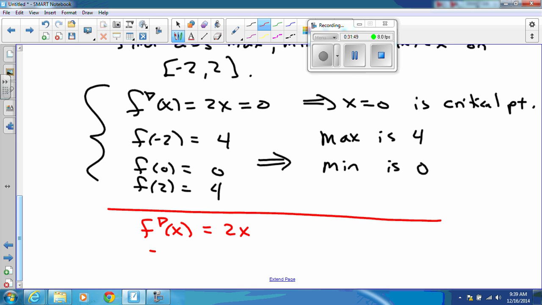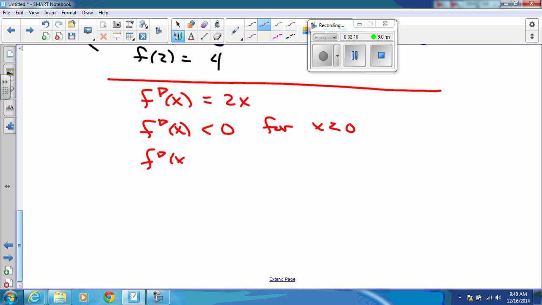So then what you get is that f prime of x, that's why we call it an argument from the sign of f prime, is less than 0 for x less than 0. And f prime is greater than 0 for x greater than 0.